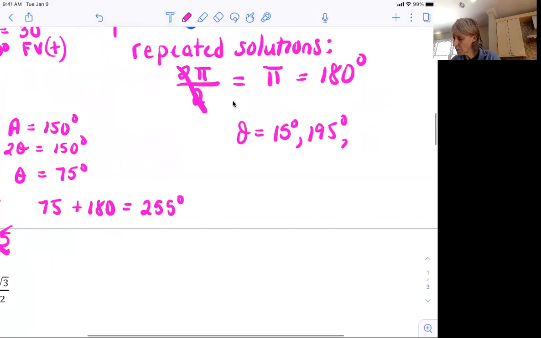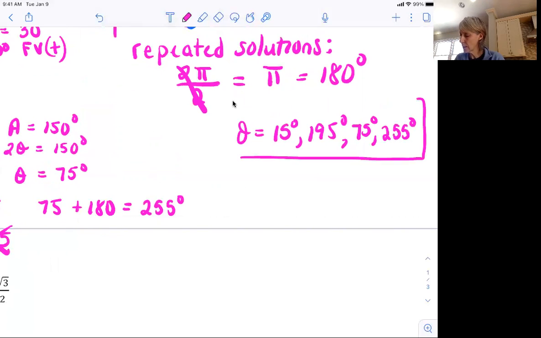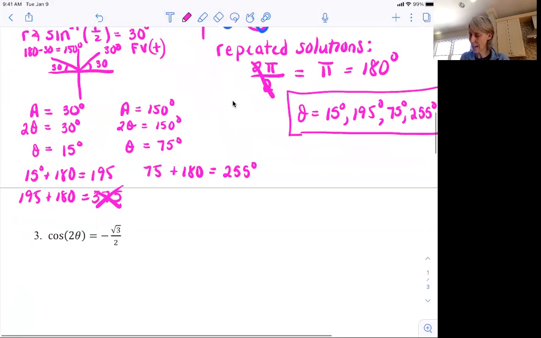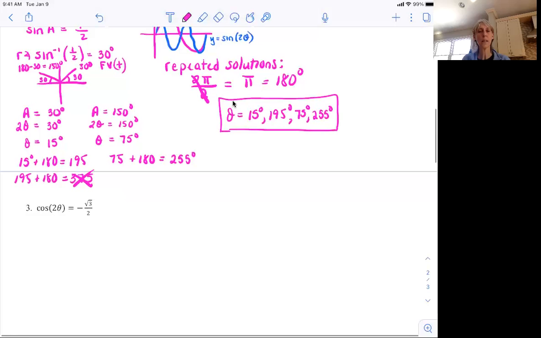So our solutions are 15, 195, 75, and 255. Now, don't get so stressed out, because normally when you're dealing with problems like this in a calculus course, they're going to give you a situation where you only really have to find the first two. They're going to make the intervals a little bit easier for you to work with.